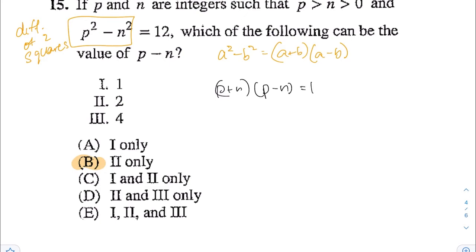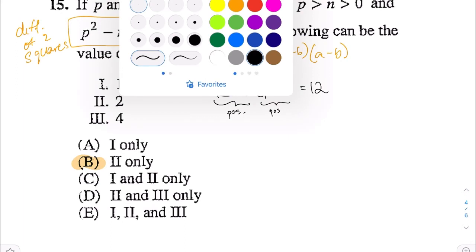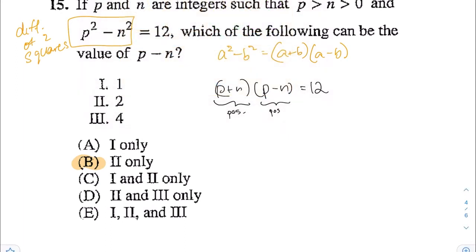And that's equal to positive 12. Now, they're both going to be positive numbers, and p is larger than n, so this has to be positive, this has to be positive, and they are whole numbers. So there really aren't that many numbers that this can be, because these two factors must be positive, and they have to multiply to give you 12.